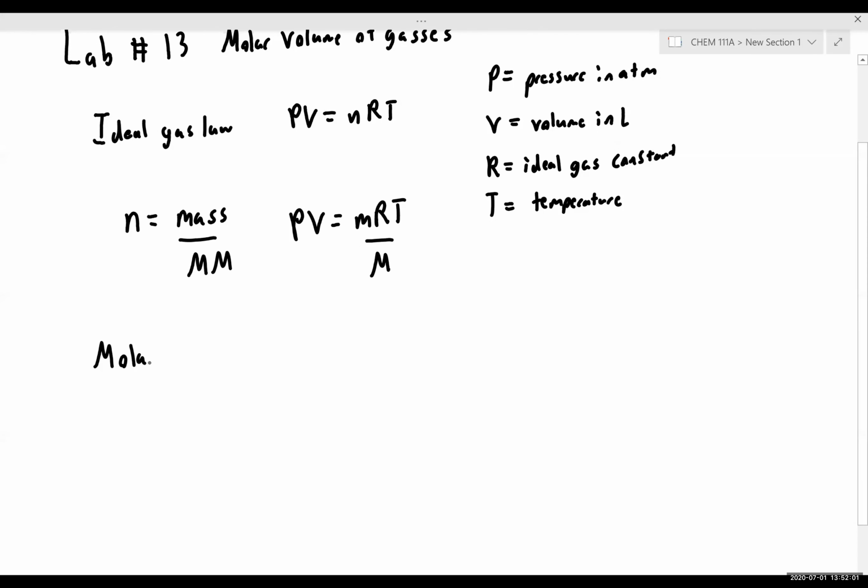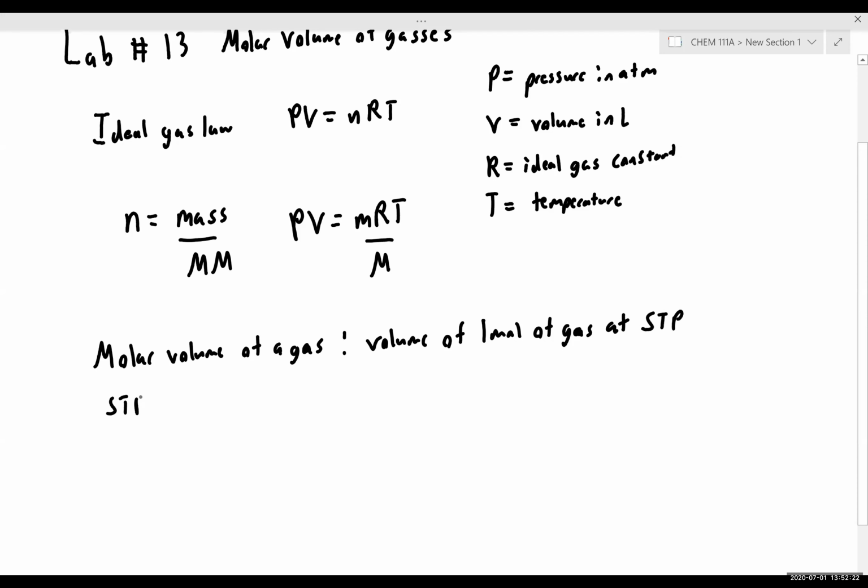In today's lab, we want to find the molar volume of a gas, which is defined as the volume of 1 mole of gas at STP, where STP is known as standard temperature and pressure.